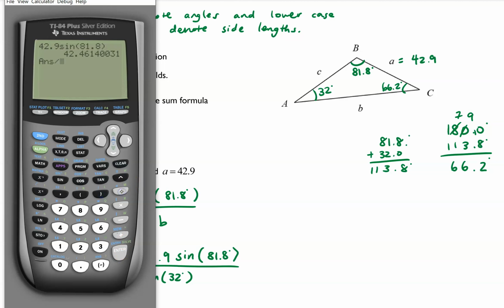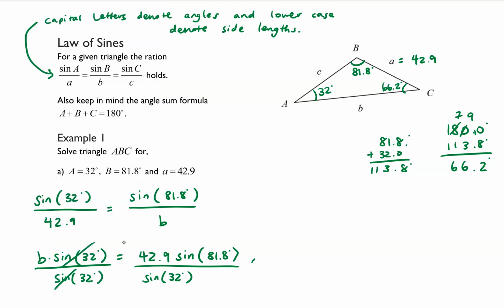And then I want to divide that by sine of 32 degrees. So that gives me 80.1. I'm just going to round it to one decimal place since the other angles and side lengths are rounded to one decimal place. So this is 80.1.